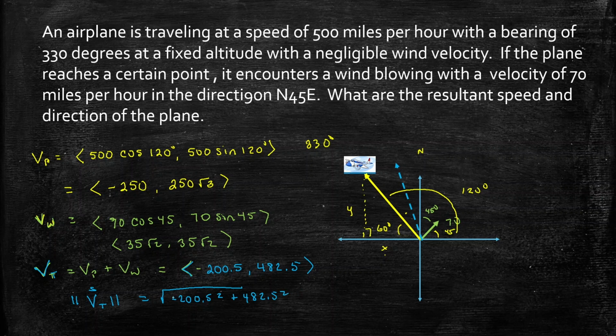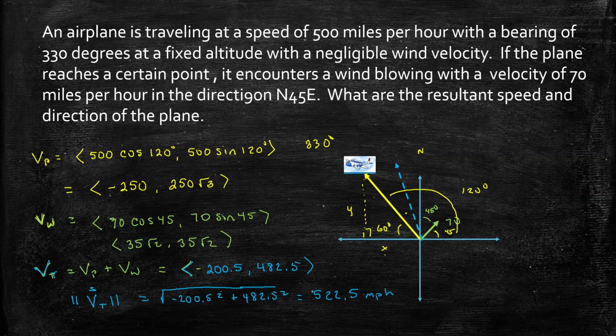Don't forget that the negative, when you square it, goes away. Okay, so this is no longer negative. You're going to get a positive value. And when I square root this, I'm just going to save some time here, and I get a magnitude of 522.5. And then I'm going to add those units because everything was in miles per hour, right? So this is 522 miles per hour. So we picked up a little tailwind there.